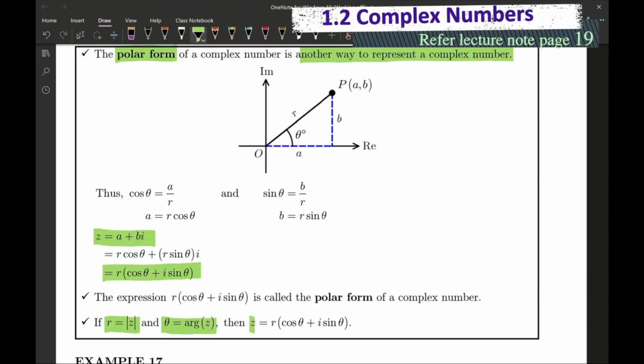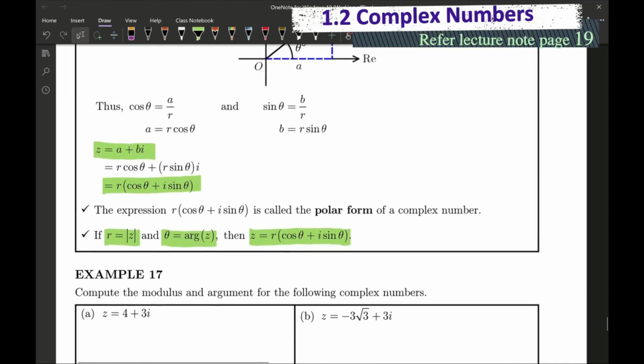Then our new polar form is z equal to r cos theta plus i sin theta. So to form a polar form, we need to find our modulus of z and our argument of z. So it is very important for you to know how to find them.